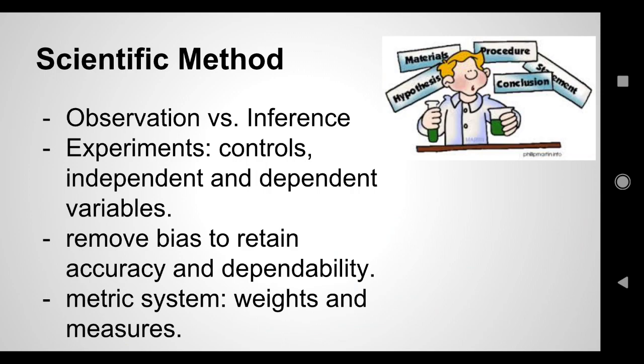When you have accuracy and dependability, you're considered to be more credible, whether you're doing scientific research or any type of investigation. And then, of course, the use of the metric system. We need a commonly accepted system amongst all scientists and researchers so that they're speaking the same language and using the same basic numerical values, and there isn't any type of confusion between different groups.